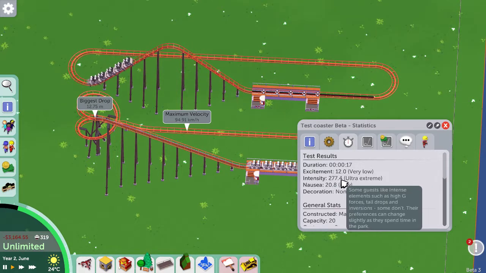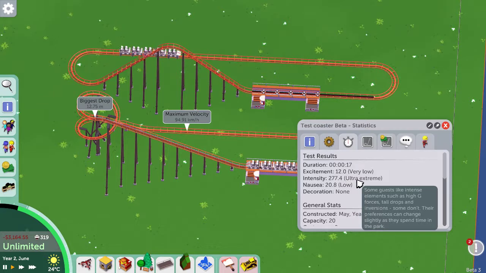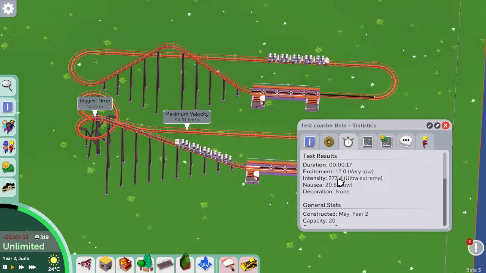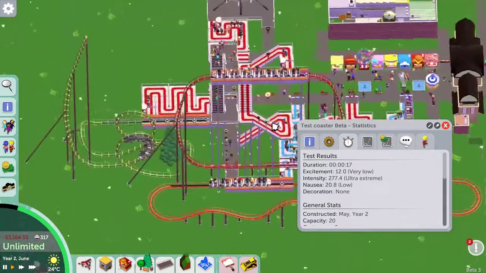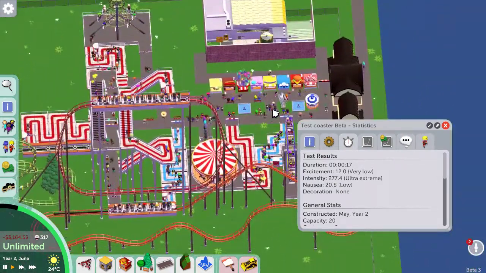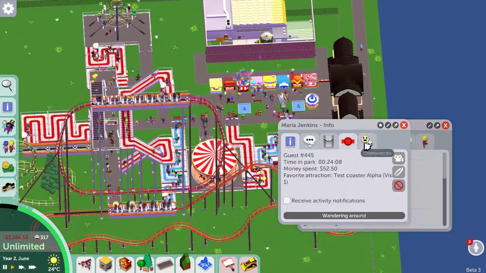And as you can see, the intensity is 277.4. No one's going to ever want to go on this ride. Ever. I mean, there are sometimes people who go on rides who have insane levels of preferences.